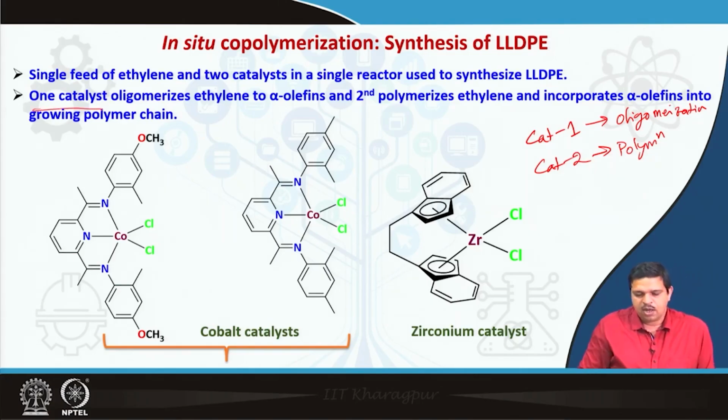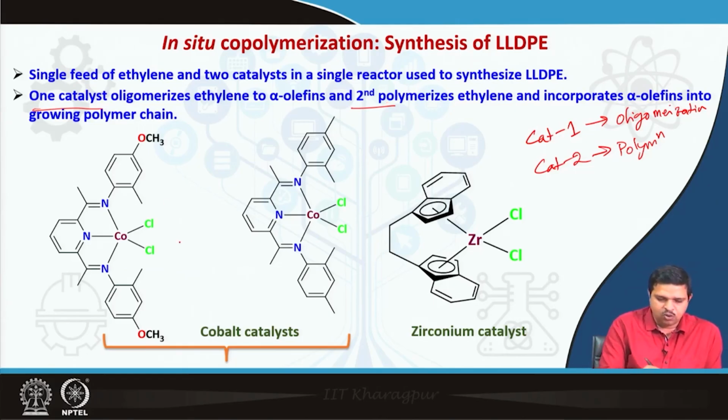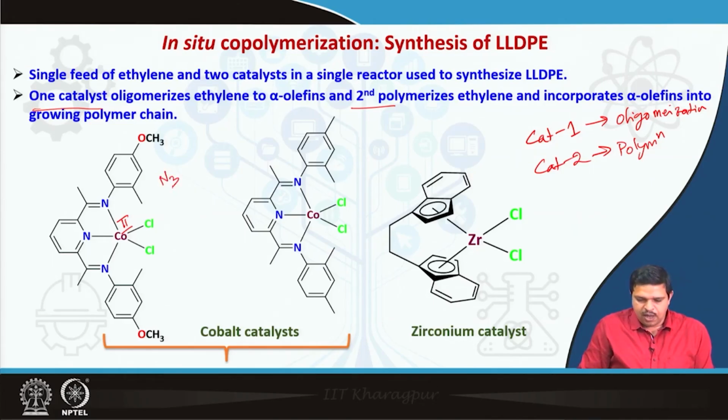In this tandem process, one catalyst will be used for the synthesis of the alpha olefins, and the other catalyst will be used for the alpha olefin polymerization. In this regard, these two catalysts are cobalt based, again in the +2 oxidation state, with a similar core structure: two chlorides and three nitrogens, an N3 type nitrogen donor ligand.